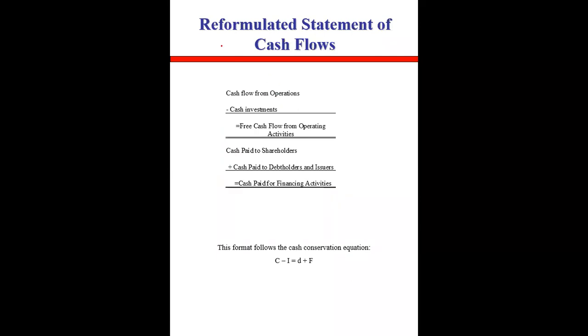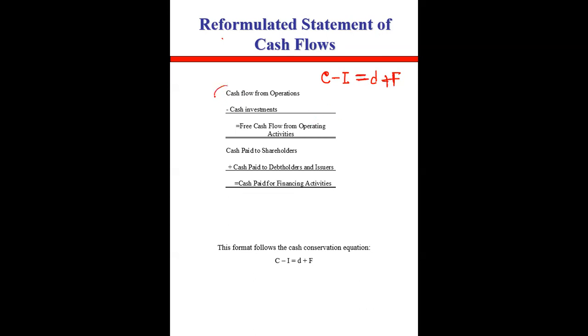But when it is a reformulated statement of cash flows, what we do, we like to capitalize this equation in which we have become just familiar. We like to make the reformulation in this way. How?